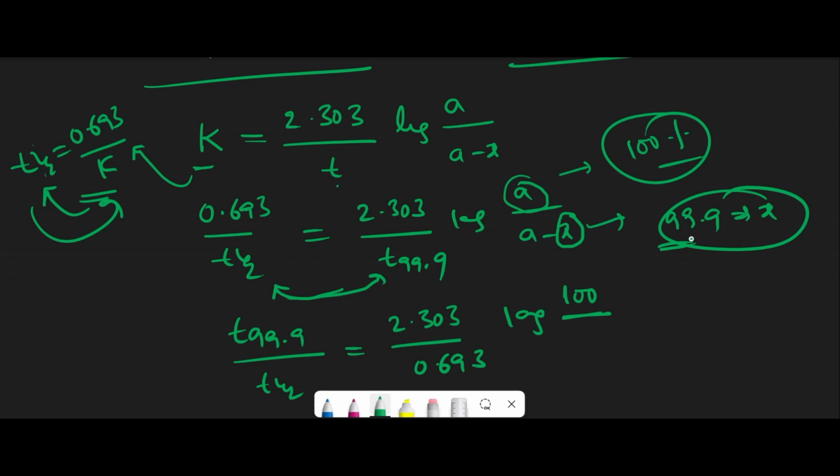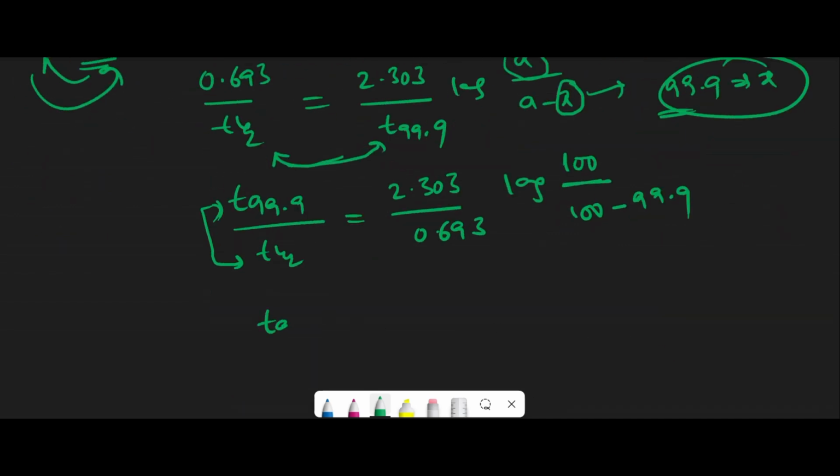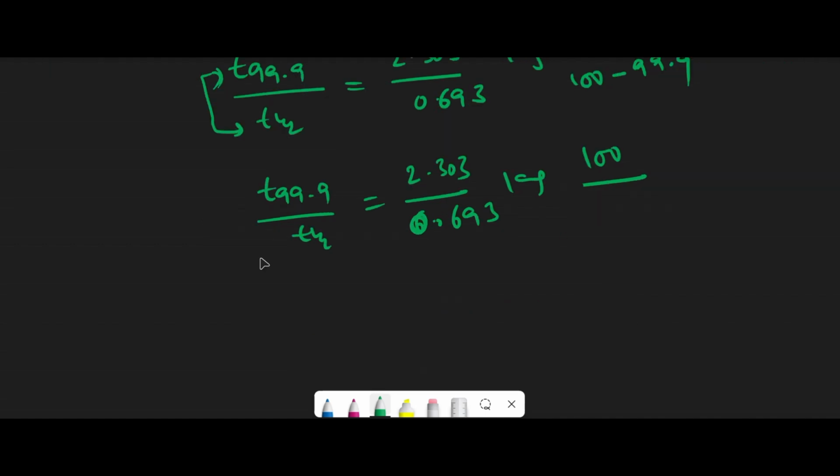For that, he is asking the relation between half life and the time taken for 99.9% completion. So I substitute 100 minus 99.9. Now t 99.9 by t half is equal to 2.303 divided by 0.693 log 100 by 0.1.